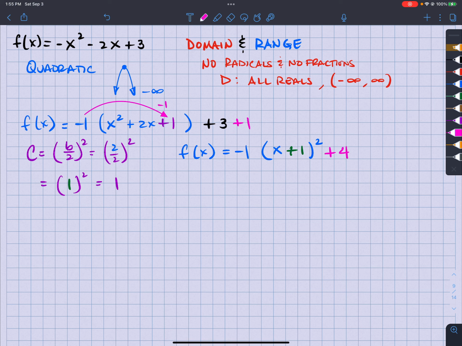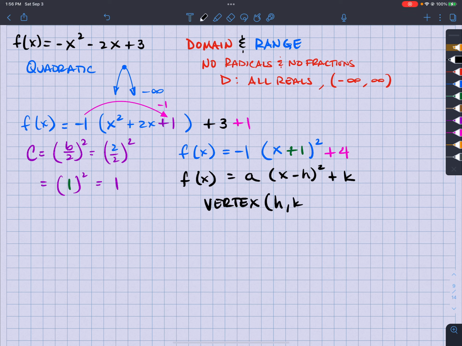All right. So when I compare that to the vertex form, it is a times x minus h squared plus k. So if we compare this, that means my vertex, which is h comma k, is now -1 comma 4.